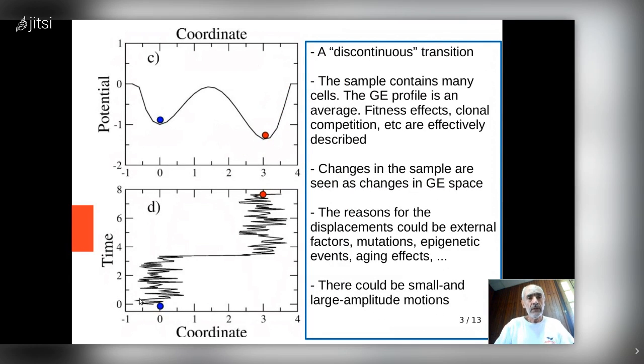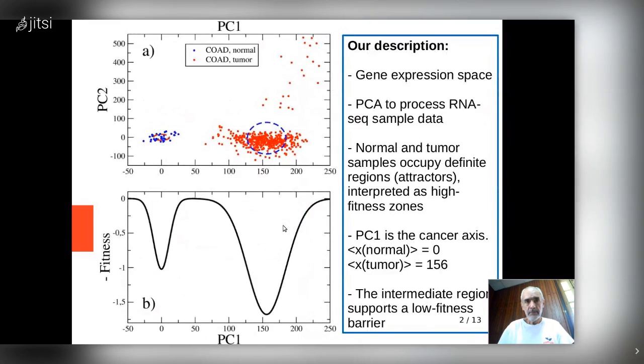The reasons for this motion, as I mentioned, this normal zone represents the states or microstates. In the case of colon adenocarcinoma, for example, we can imagine it as the state of crypts in the colon. In fact, there are samples, but we can imagine these samples as the state of a crypt, which evolves independently of the surrounding crypts, etc. Okay.